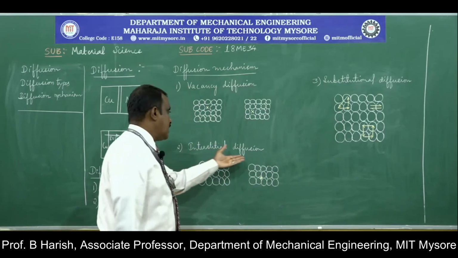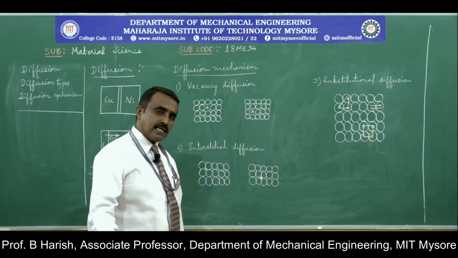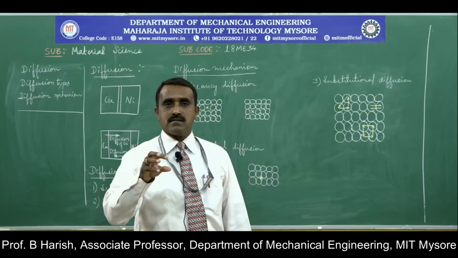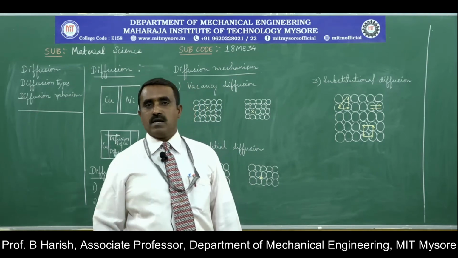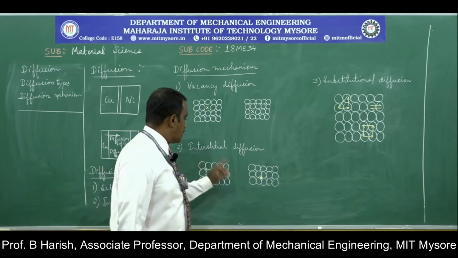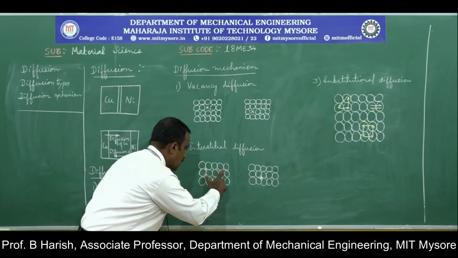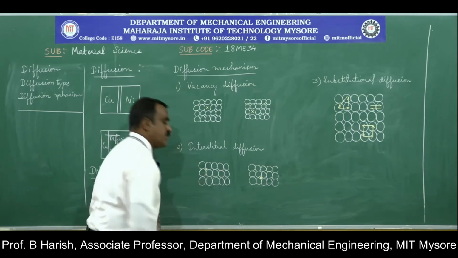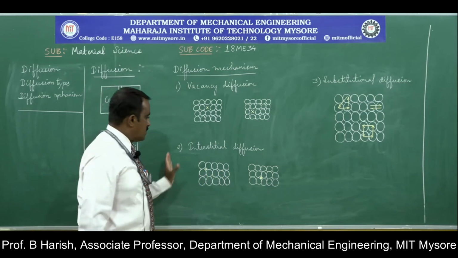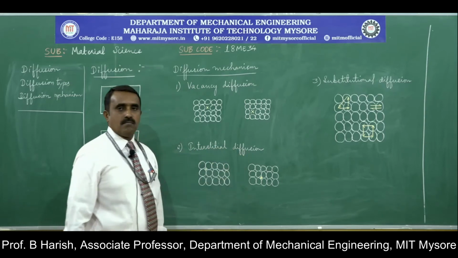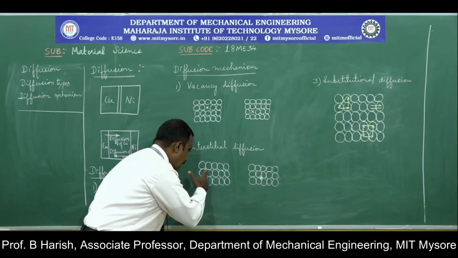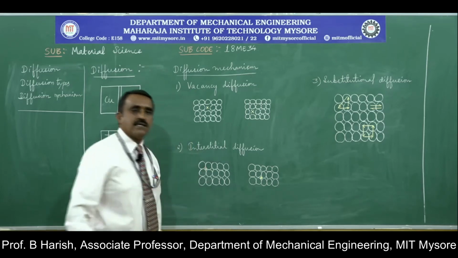Come to the second one, interstitial diffusion mechanism. Interstitial imperfections we already discussed. The space between the atoms is called interstitial space. If we take a crystal structure here, this is the interstitial space, here, here, here. In the interstitial diffusion mechanism, you can see this is the interstitial atom that is occupying the interstitial space.